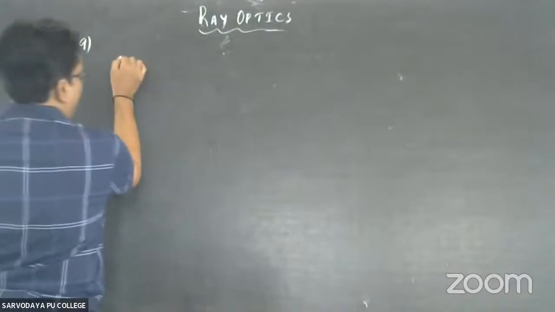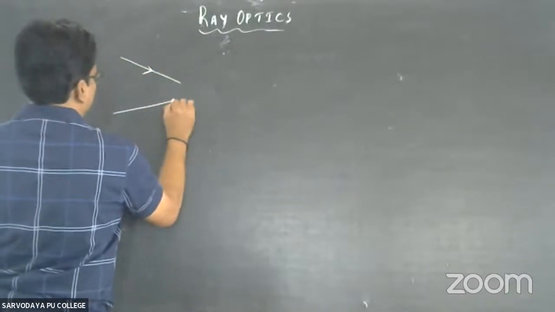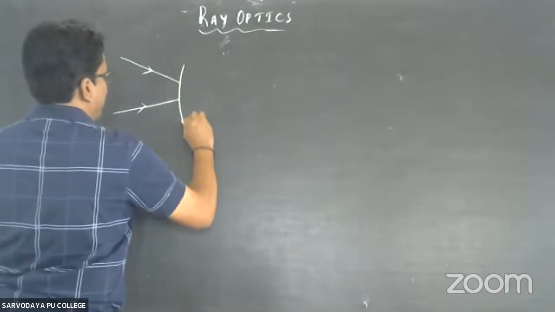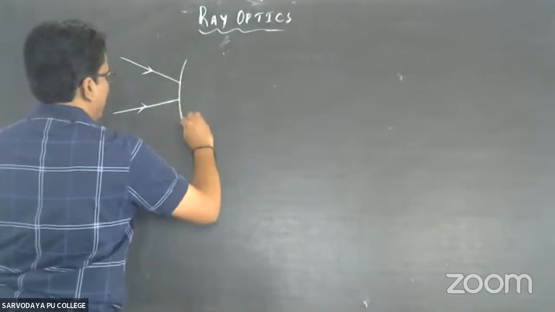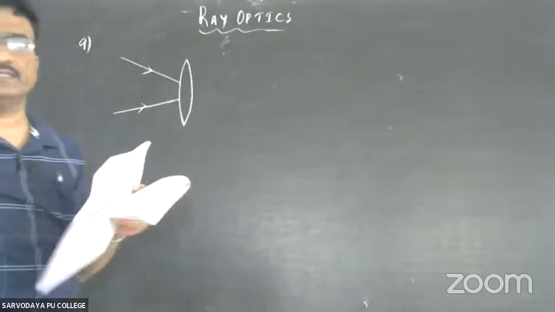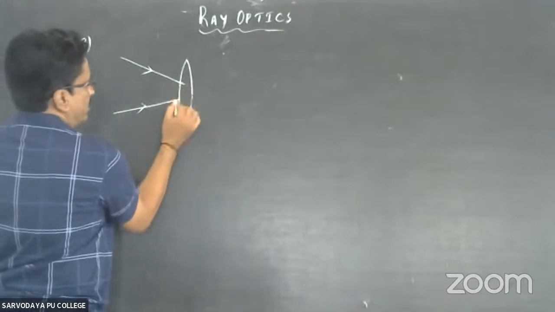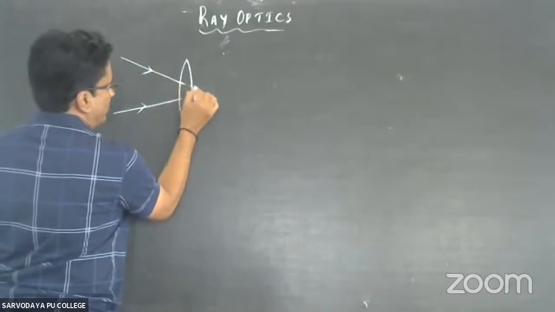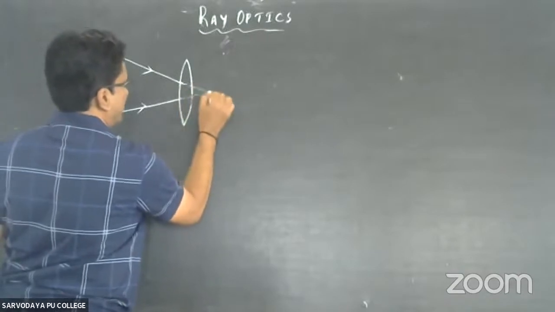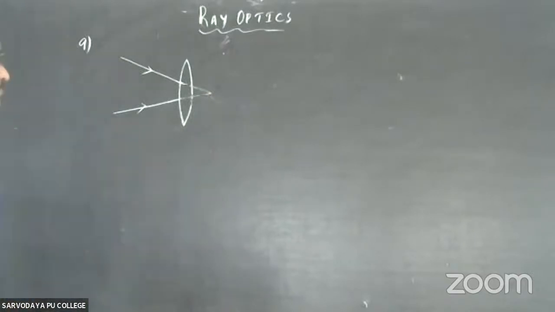A convergent beam is there, and 2 different cases have been given. Initially, in the path of the convergent beam, a convex lens is introduced. In the absence of this, these 2 rays would have converged at some point. This would have been the point of convergence.